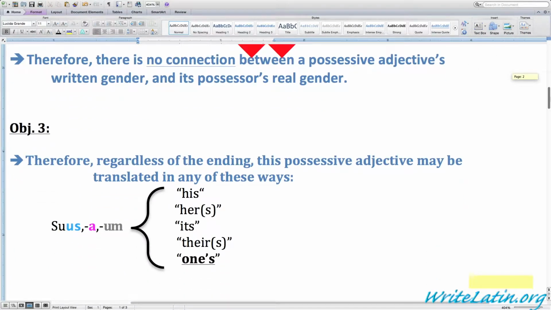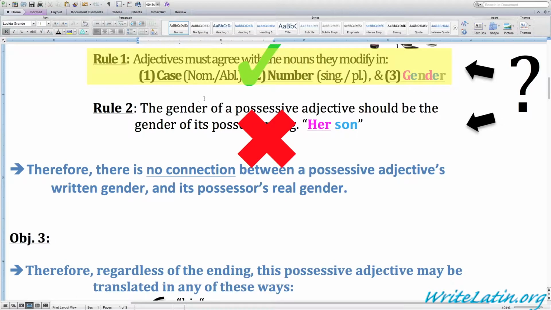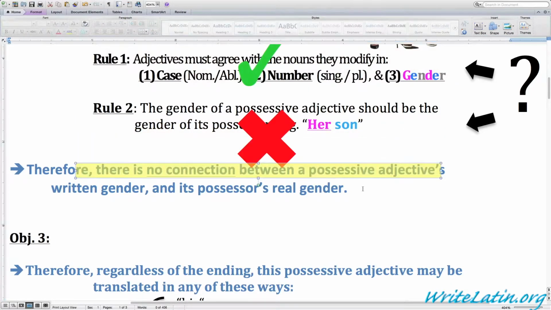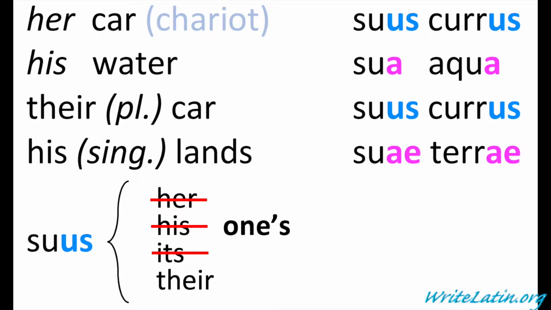All right, well, what are the implications of this? Therefore, first, there is no connection between a possessive adjective's gender and possessor's gender. There is no connection. I can say her car, and it will be suus, simply because car is masculine.